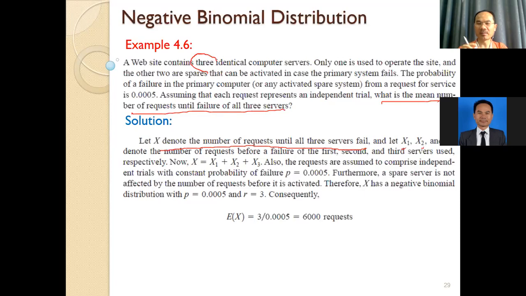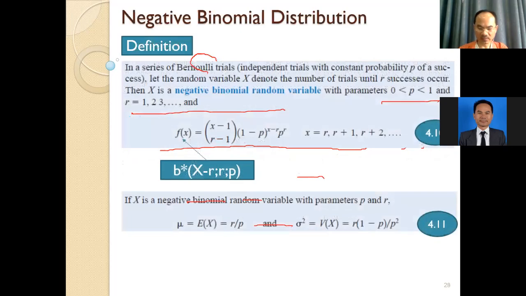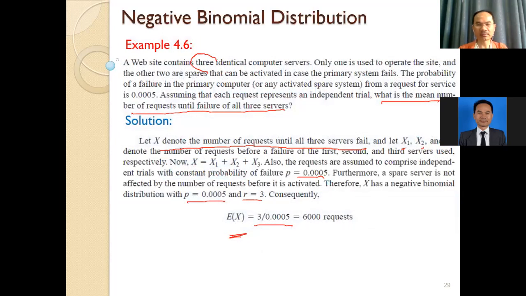And then X equals the sum of X1, X2, X3. The probability for this case is 0.0005, P equal to 0.0005, R equal to 3. Then you can calculate the expected value of X, or the mean value, equal to 3 divided by 0.0005, which is R over P, equal to 6,000 requests. This is the average, 6,000 requests before failure.